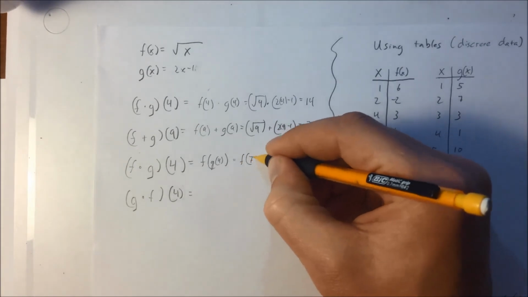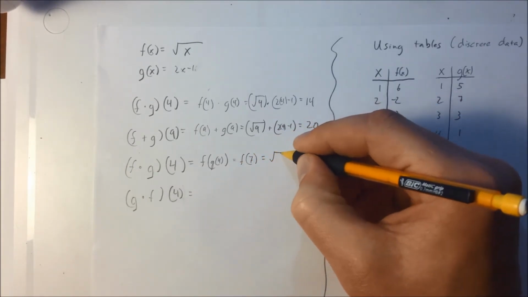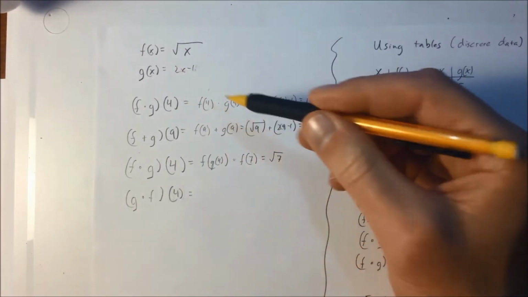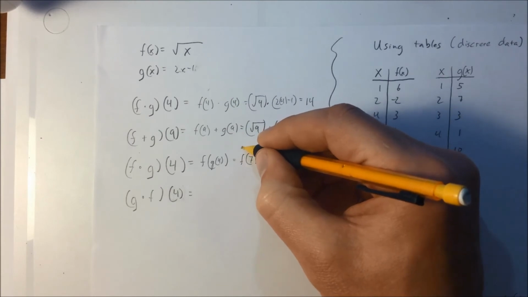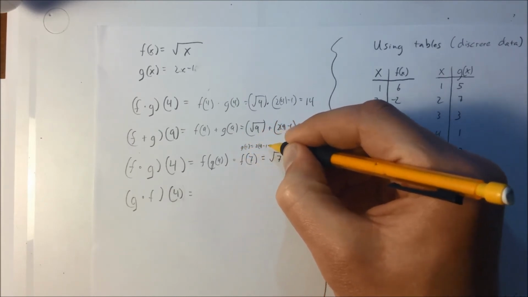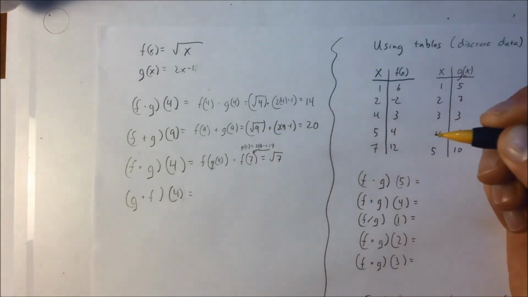So it's really just f of 7. f of 7 is the square root of 7. That's all I got to do. g of 4 is equal to 2 times 4 minus 1, which gave me 7. That goes right in there, just like that.